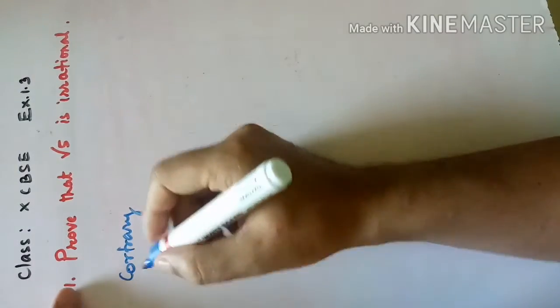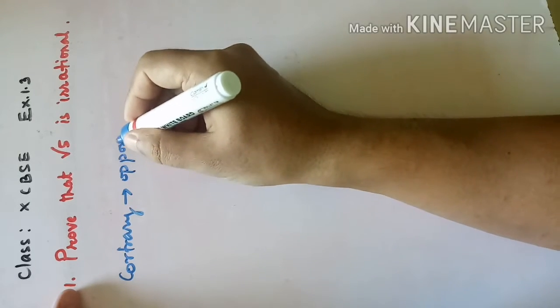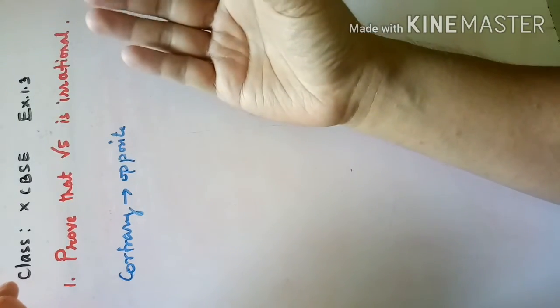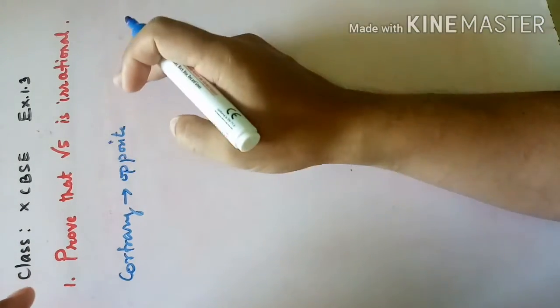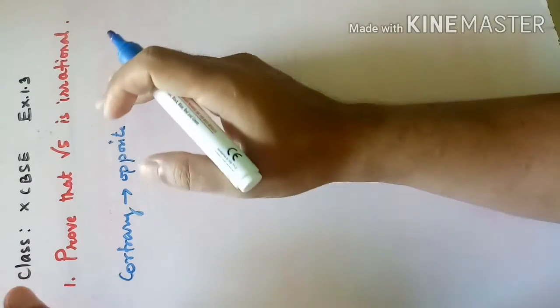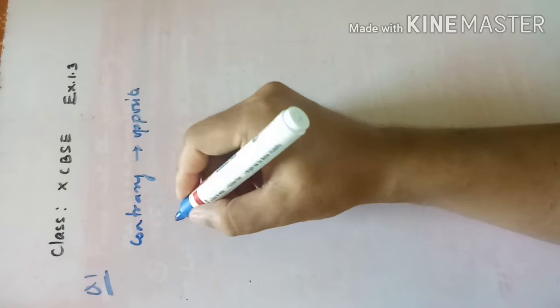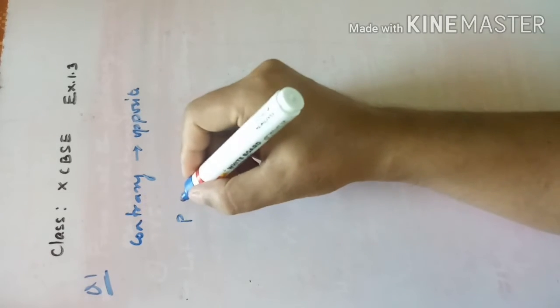Contrary means opposite, just opposite. Suppose I am telling root 5 is irrational, and if I say that root 5 is rational, that's opposite. Irrational and rational are opposite. This type of statement we call contrary, an opposite statement.